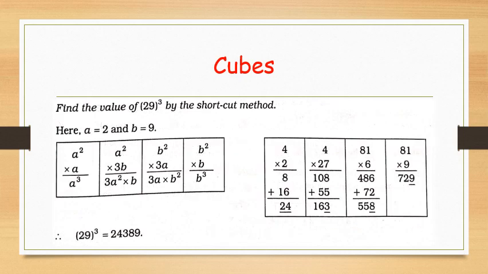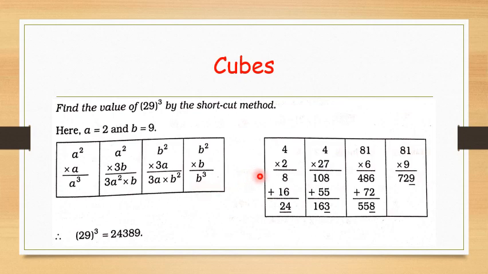Let's have an example. Suppose that we have to find the value of 29 cube. So a is equal to 2 and b is equal to 9. As we know, the first column is headed by a cube, the second by 3a square b, the third by 3ab square, and the fourth by b cube.